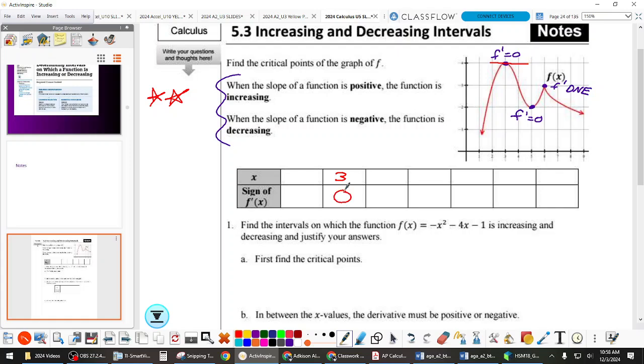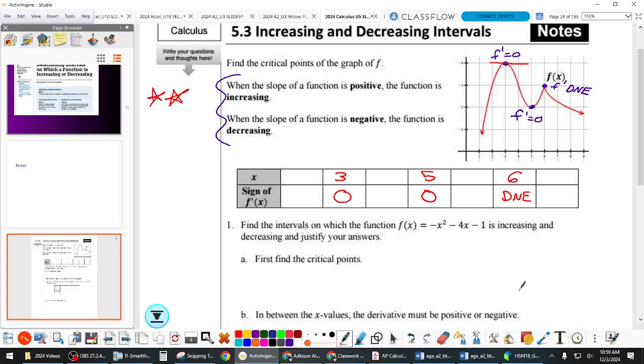Oh, 0. 0, yeah. Okay, and then our next one is at, is it 5? I can't really read it. Yeah. 1, 2, yeah, 5. Okay, and the slope there is also 0. Okay, and then 6, what's the slope at that one? 0. Or the derivative doesn't exist. Yeah. Okay.